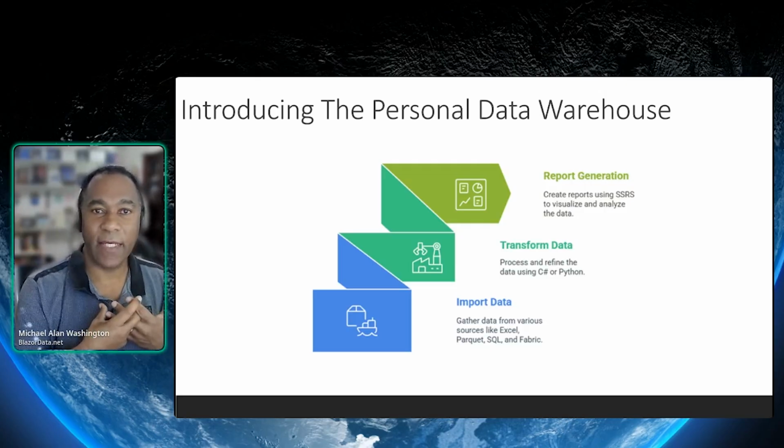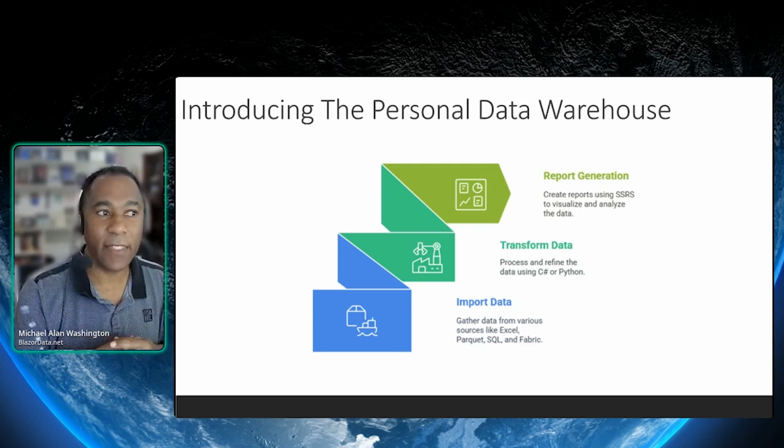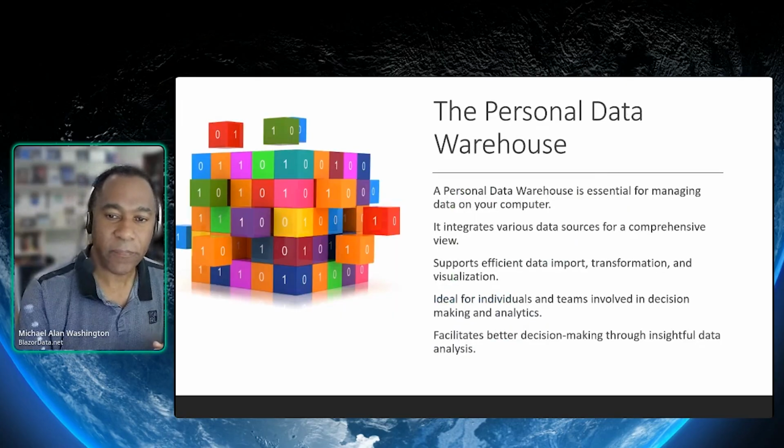Whereas I allow you to do the transformations using either C# or Python, and also you can use AI to help with those transformations. And then finally, but still as important, is the reporting. So I have a full featured reporting engine, and that is something that, again, if you already have something that you're happy with, okay, great. But if you don't, then this might be something that might be of interest for you.